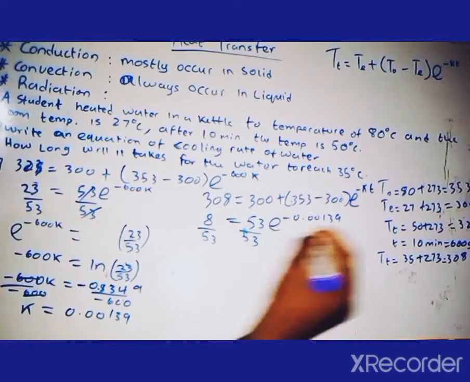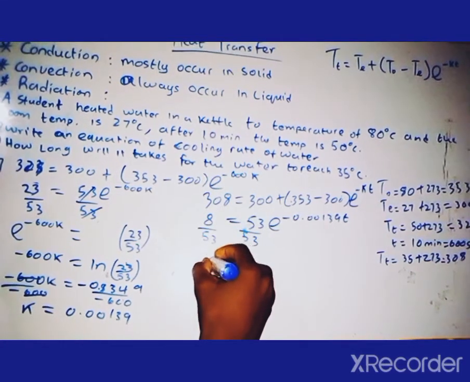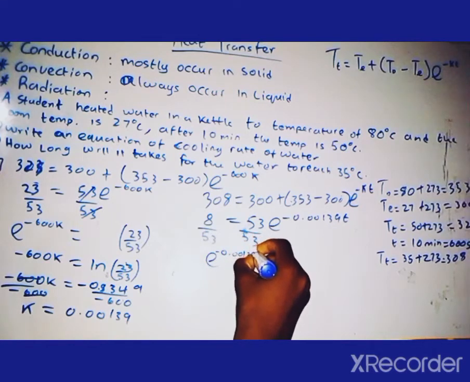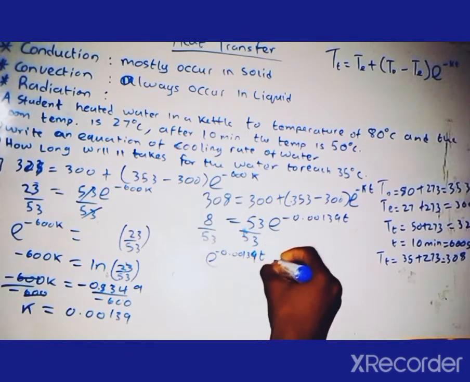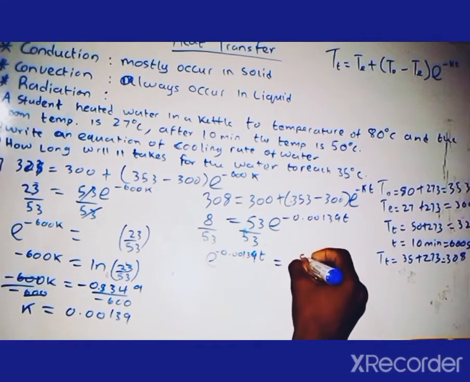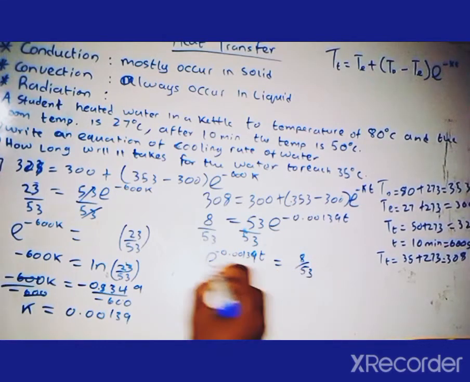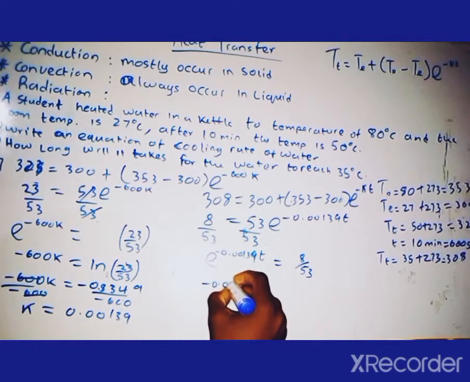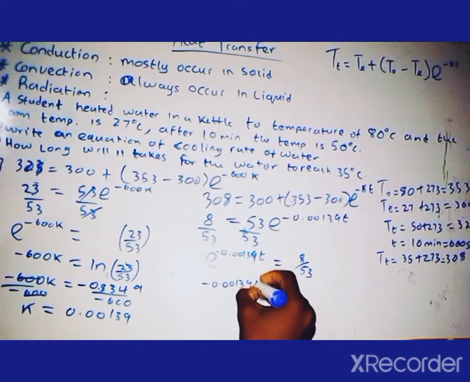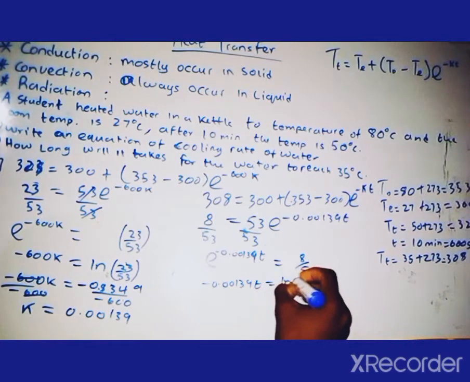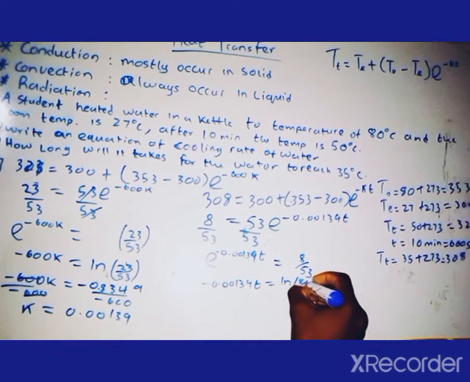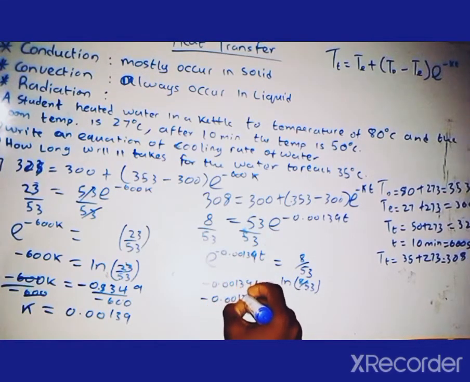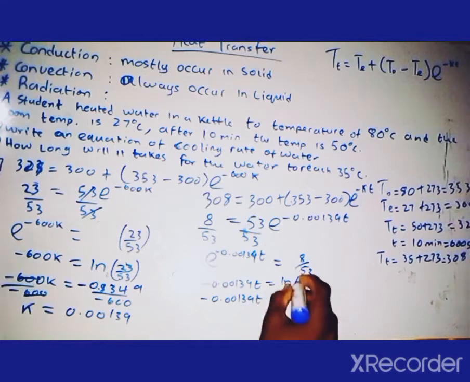Now my t will be here, and I have exponential minus 0.00139t equals 8 over 53. So taking the logarithm, I have minus 0.00139t is now equal to the natural log of 8 over 53.